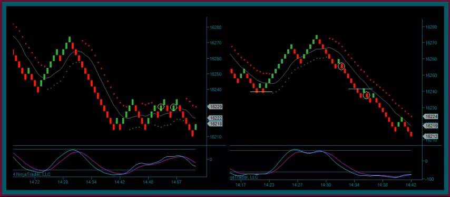Let's look at yellow circle 1 and 2 on the brick 1 chart. Okay, you're not going to take yellow circle 1, correct? Because even with the Renko chart, you know that it's directly into a double top. So you're not going to take that trade.